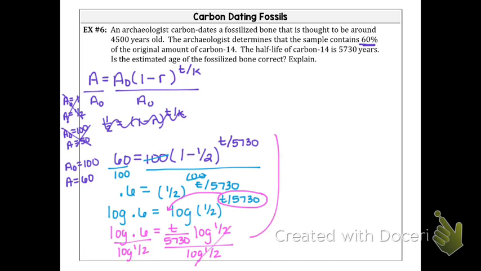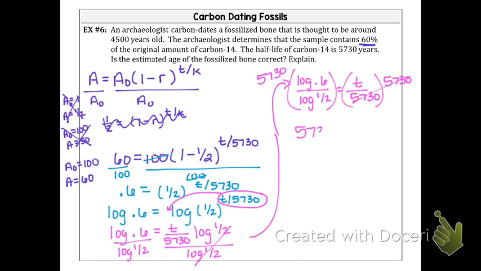So what I get then is log of 0.6 over log of 1/2 equals t over 5730, and then multiply by the 5730 to get t by itself.